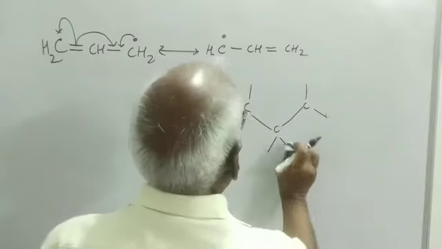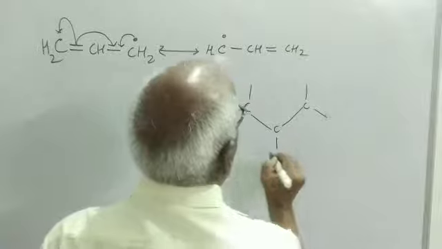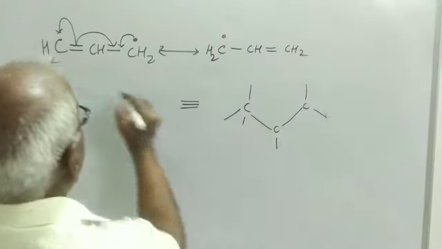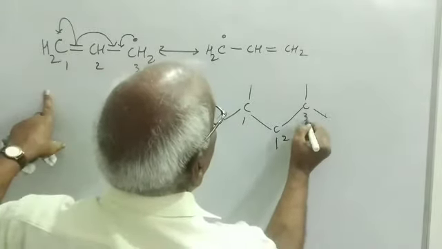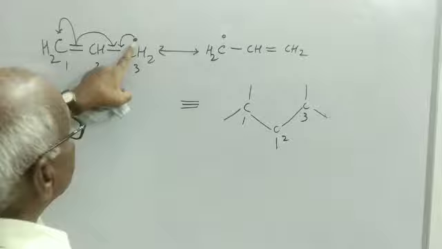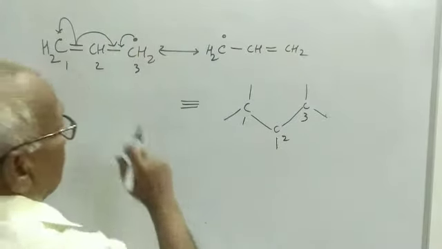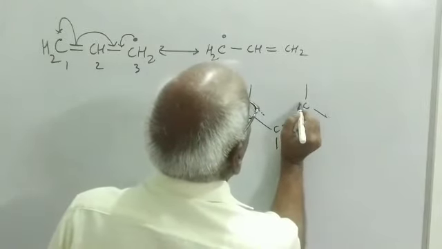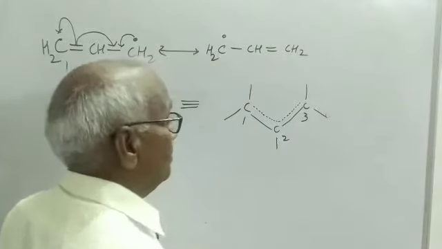See like that. This carbon is 1, 2 and 3. 2 carbon and 3 carbon. This odd number of electron, this pair of electron, all is spread over the carbon. So we get the resonating structure like that.